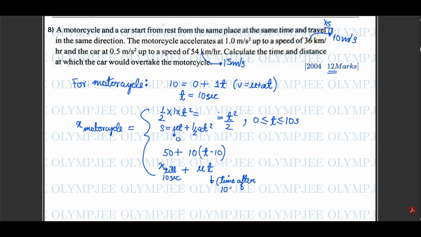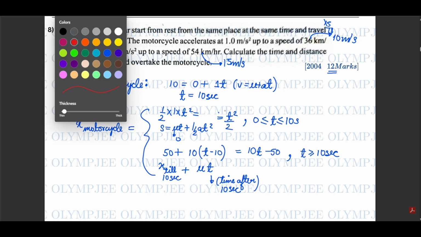Hope this makes sense. So this will give 10t minus 50 for t greater than 10 seconds. We can see that both will give the same position at 10 seconds. You can verify that.